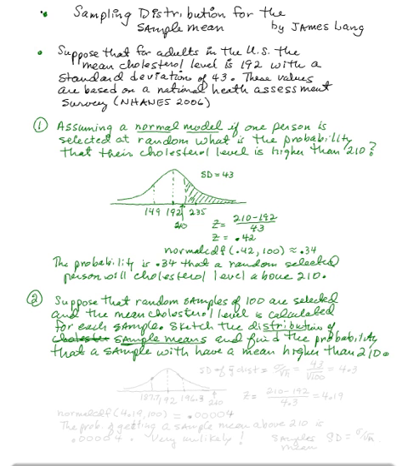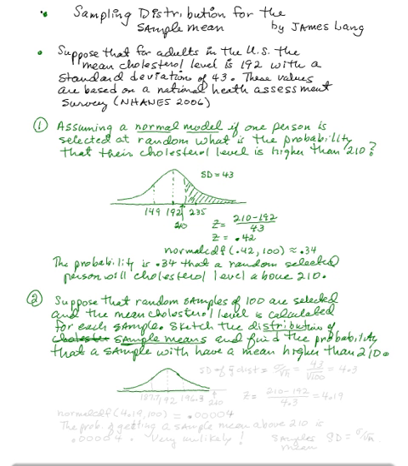Now, the main thing that you need to remember about the sample mean distribution is that it's a normal curve, provided the sample size is large enough, or provided the population is close enough to a normal. But in this case, the sample size is plenty large.